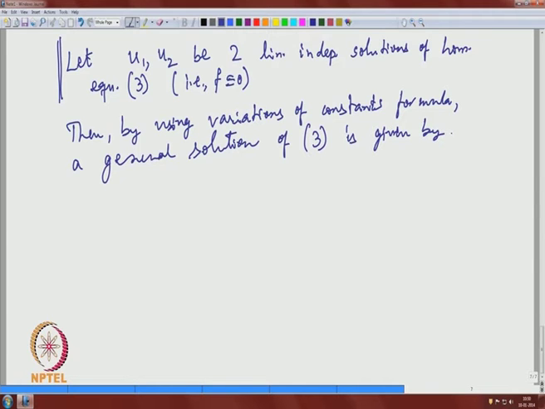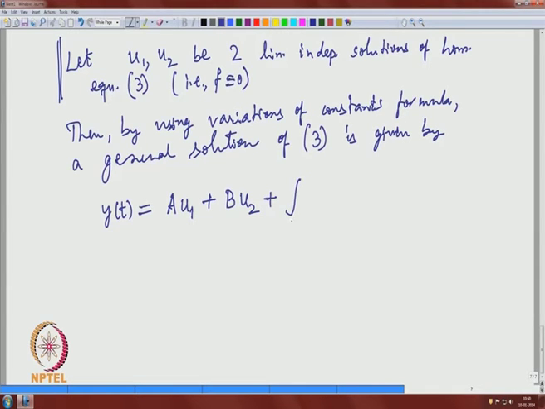So, one part consists of the solution of the homogeneous equation, and that is a linear combination of u1 and u2, and the other one is coming from the particular integral, and let me just write that.